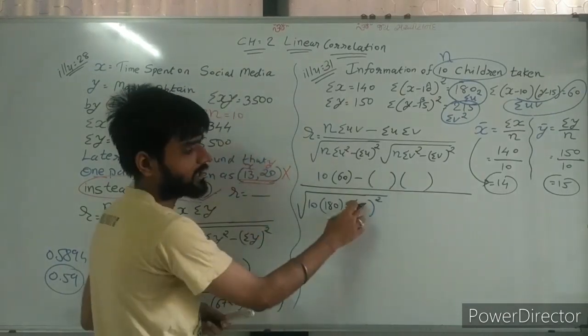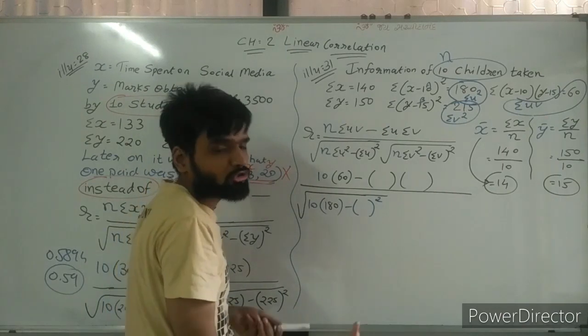But sigma u is not available, so how can it be used here?